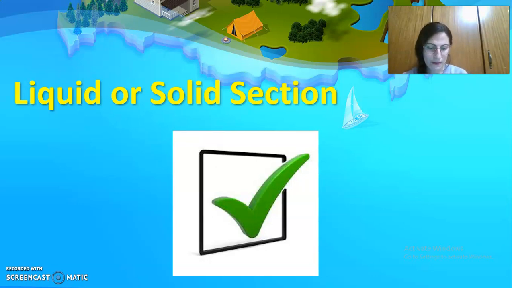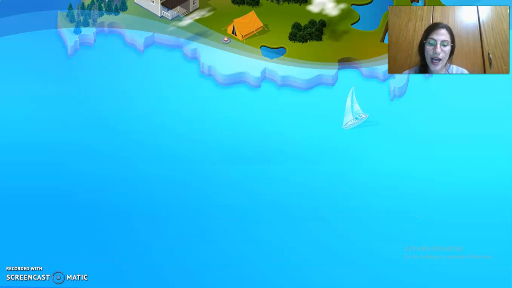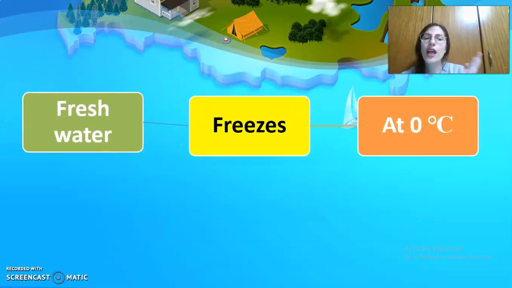Are you guys ready? As we said, in warm places, bodies of water are liquid, right? In cold places, ponds, rivers, and lakes may freeze if the temperature is low enough. How do I know if it is low enough? We remember together. Each time, every time I say fresh water, I think at what temperature does fresh water freeze?